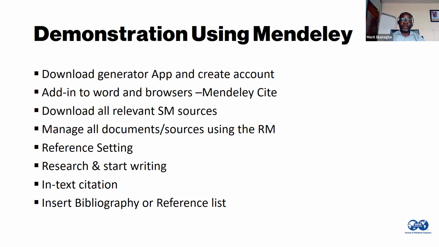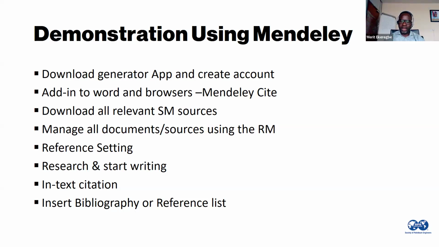So once you start writing, wherever you want to develop the background of work that has been done in the past, you do in-text citation. And when you are done, you insert the bibliography or reference list. That concludes all that has to do with referencing and bibliography.